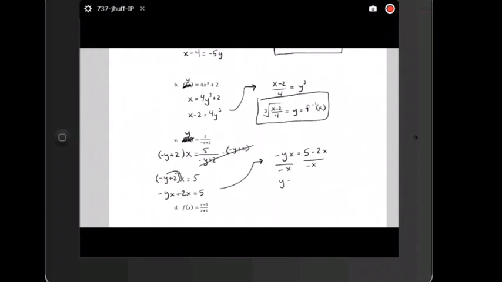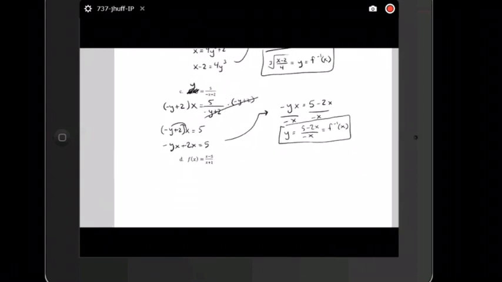So then y equals 5 minus 2x divided by the opposite of x. So that would be the inverse of f for that one.